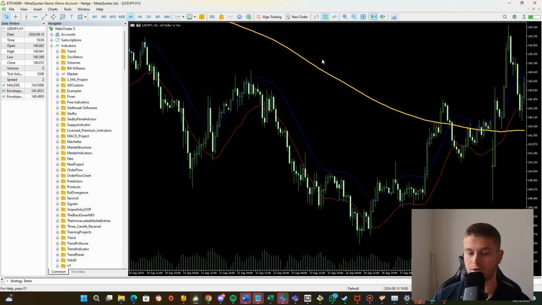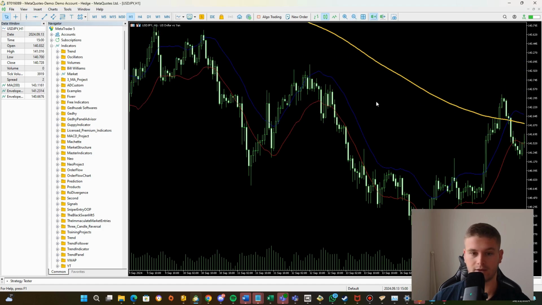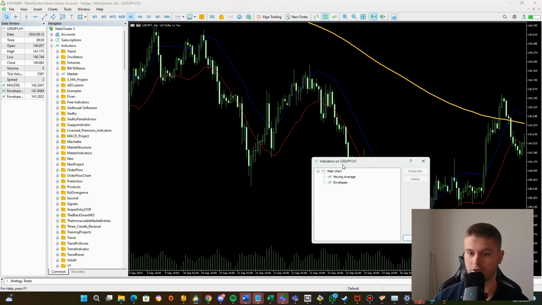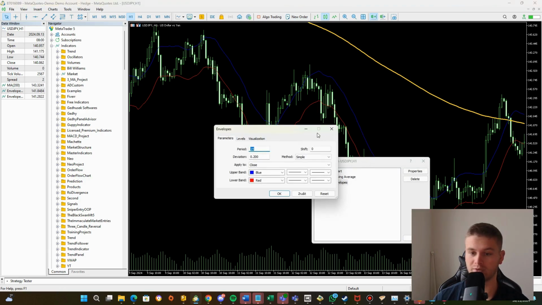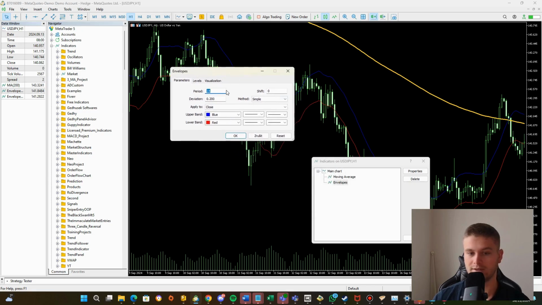What can filter these fake signals is changing the settings of the envelopes. If you are familiar with the envelopes indicator, you know that the initial settings are 14 and deviation 0.1, which is very, very tight.